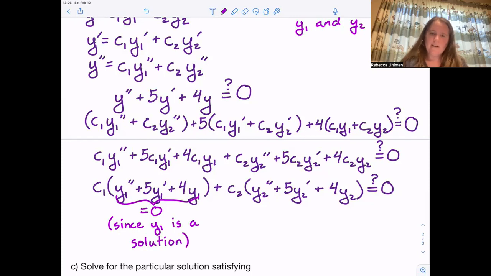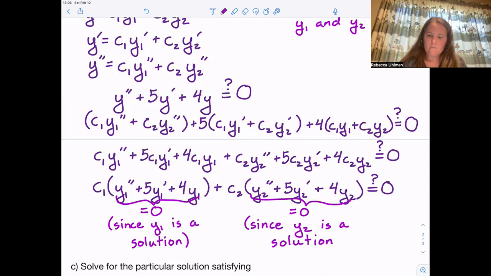And similarly, that c2 times y2 double prime plus 5y2 prime plus 4y2, everything in parentheses there should also equal 0, again since y2 is a solution. So in this case, we do check out, and any linear combination of those two solutions is also a solution.